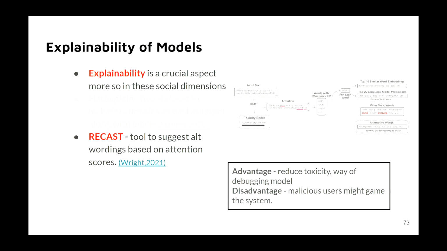They saw that this actually helped in reducing toxicity of the overall statement, and this can be an effective way of debugging the model. But one of the disadvantages is that it may be used by malicious users to understand where the particular model is focusing, and they may change to indirect or hidden hate speech as well.